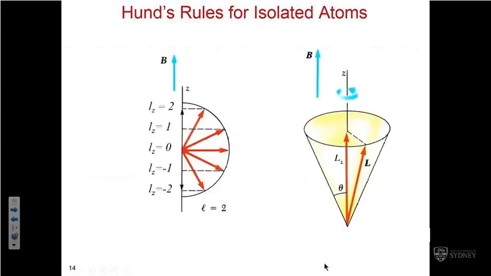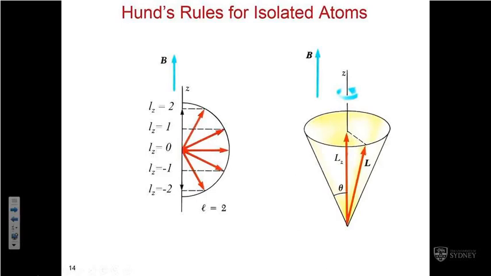So just to give a visual idea what these Lz values are, you have a given angular momentum l. In this case, it's 2. And so the Lz can vary from minus 2 up to 2 because it corresponds to a vector rotating around the applied magnetic field direction, sort of indicated here.